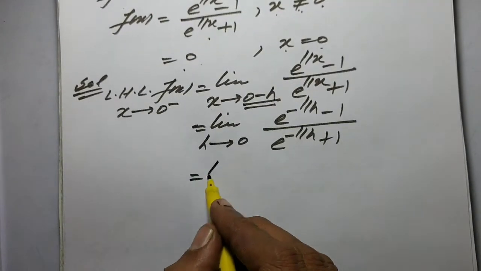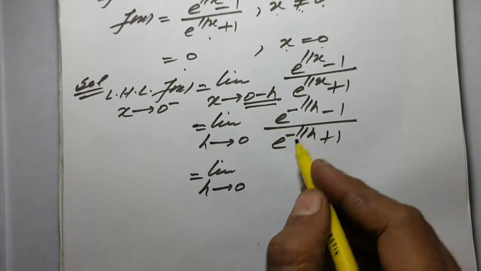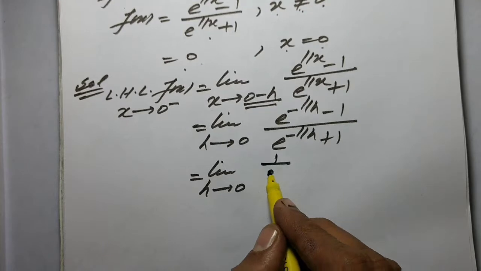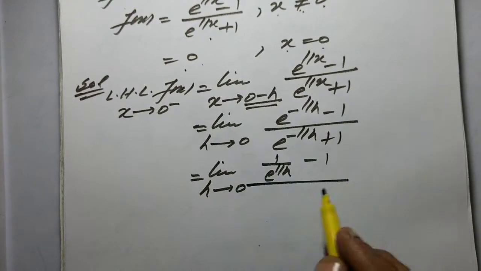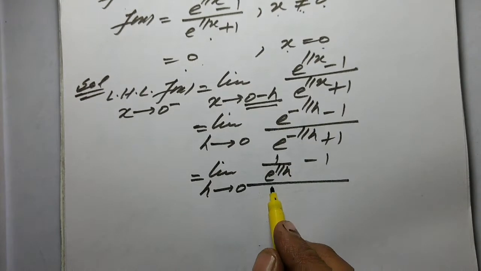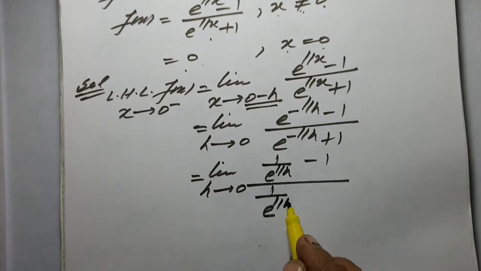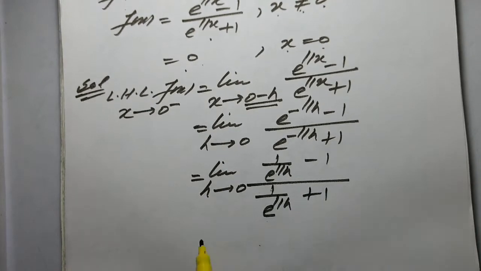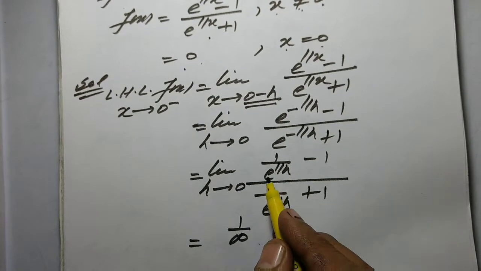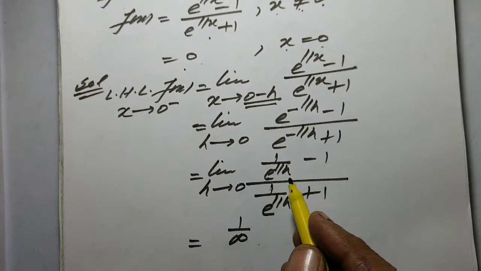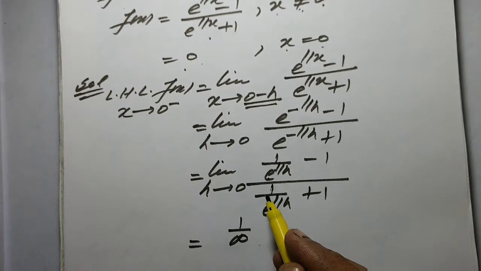So limit h tends to 0, we may write e^(−1/h) as 1 upon e^(1/h), minus 1 as it is, and in the denominator also 1 upon e^(1/h) plus 1. Now applying the limit, we have e raised to the power infinity, because e^(1/0) is infinity, and e raised to the power infinity is infinity.